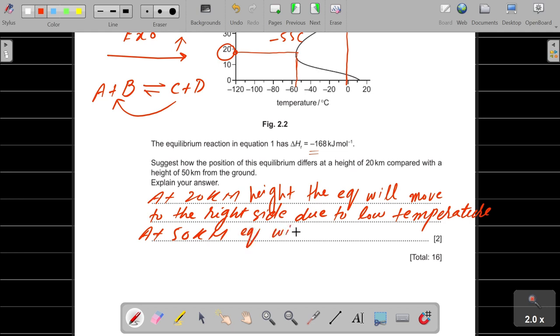Equilibrium will shift to the left side because temperature is higher.